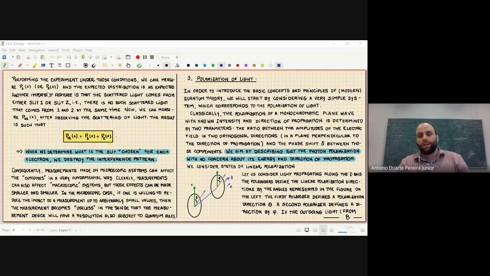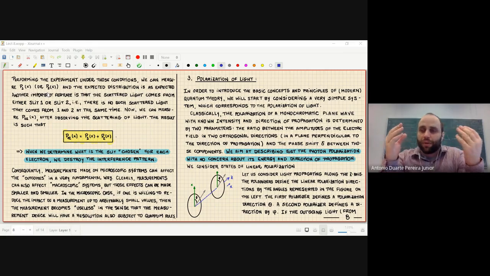So you remember that we had these bright and dark fringes, and what we have discussed is that in order to describe this phenomenon mathematically, we needed to use the concept of a wave function.